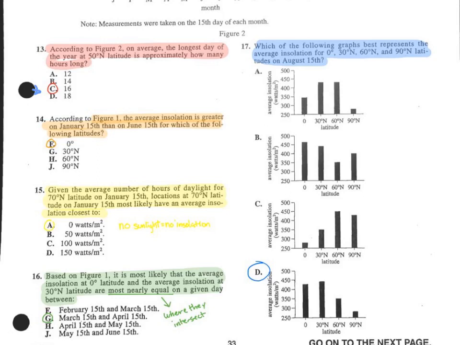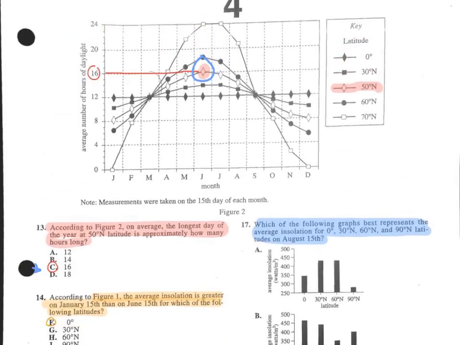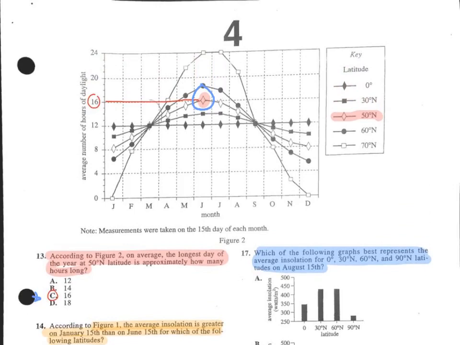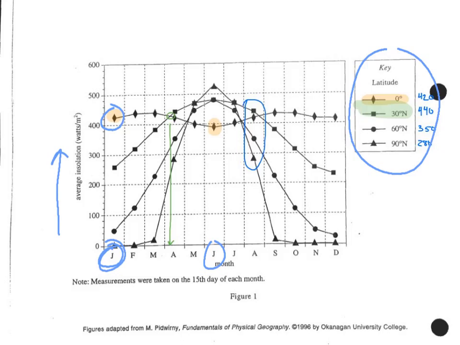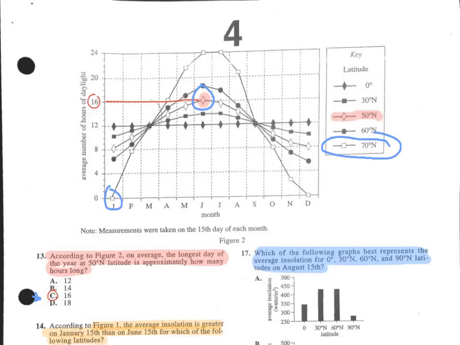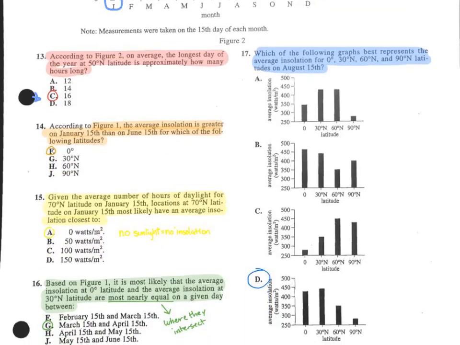For January 15th at 70 degrees north, that would be these squares that are not filled on January 15th. There are no hours of sunlight. If there's no hours of sunlight, you should have no insolation. There's no energy per square meter if there's no sunlight. So number 15 was A.